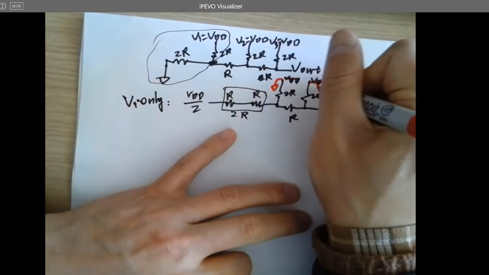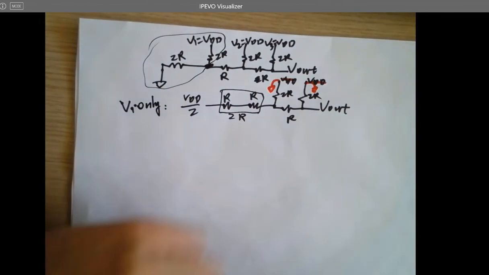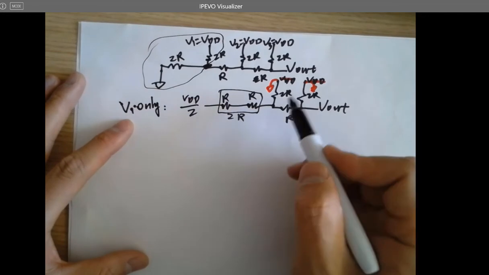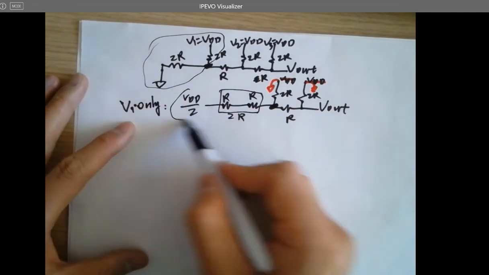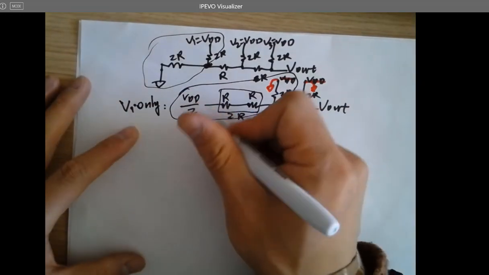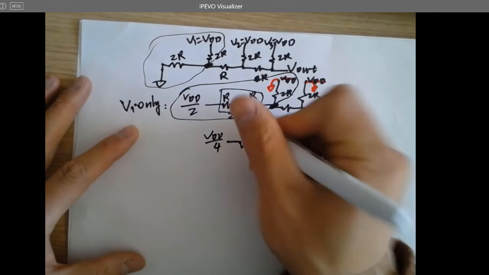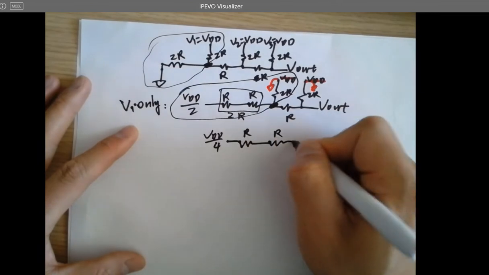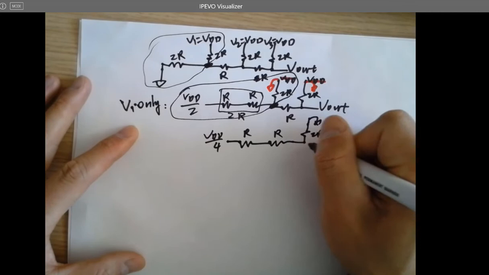Instead, they are grounded. Superposition, right? So now you have another voltage divider and just treat whatever is behind this point as a load. And you can convert whatever is here to another circuit, which is VDD over 4, R, then this R, then 2R, then ground. And here's VL.